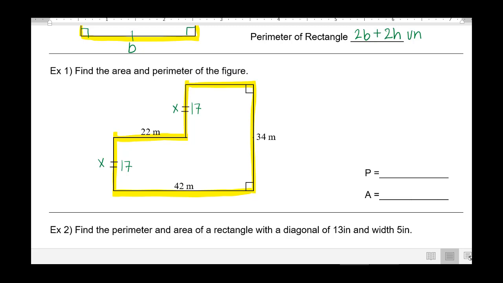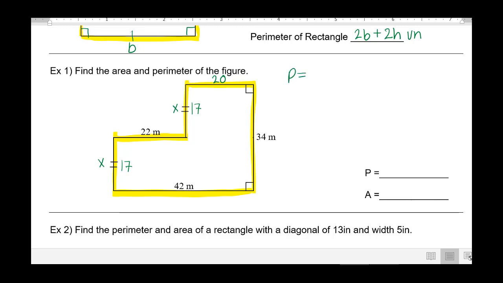And then I need to figure out this additional horizontal length at the very top. I'll look to that opposite side of 42. I know the distance from here to here is 22. I could subtract that from the whole length of 42 to find 20 as that horizontal length on the top.